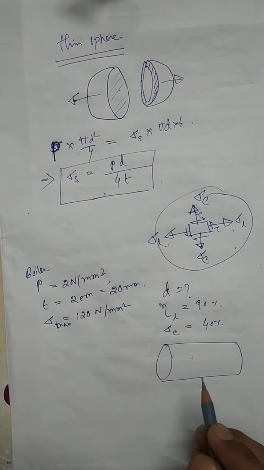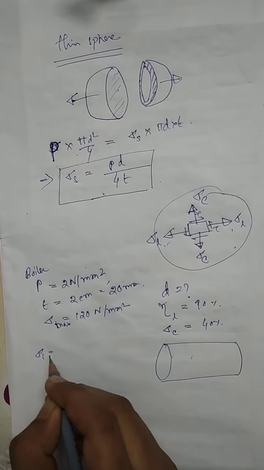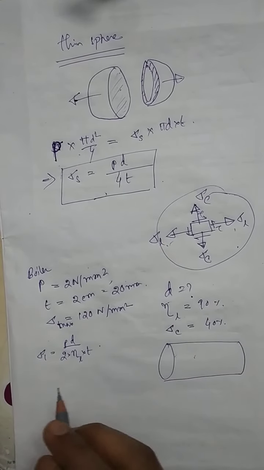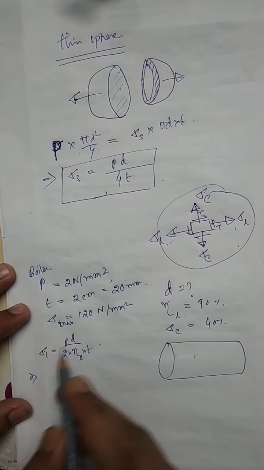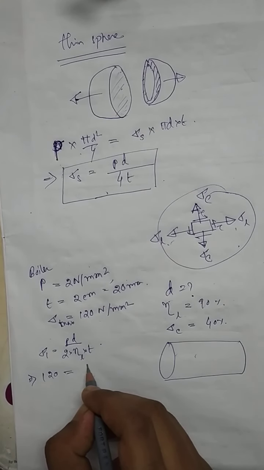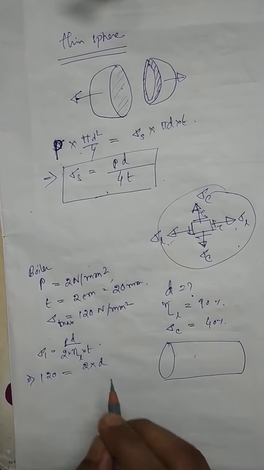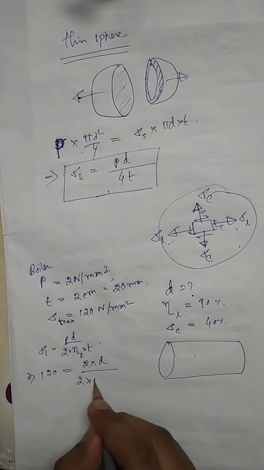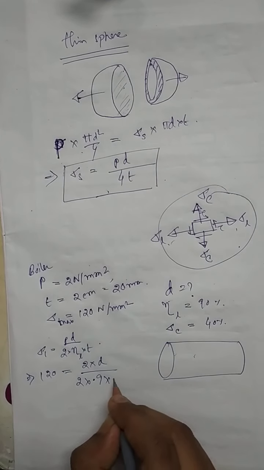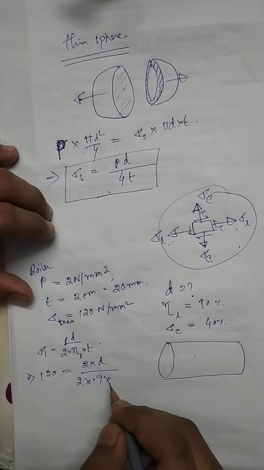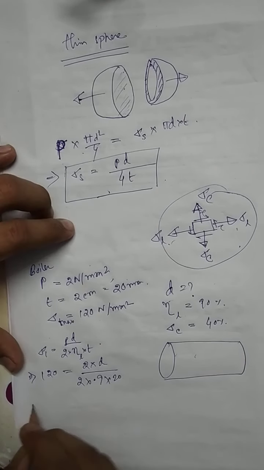Now from the equation we know sigma l is equal to P D by 2 into eta L into T. Here if we put the values, sigma max is 120 Newton per millimeter square and P is given 2, into D, which is not given, we keep it as D, by 2 into eta L, 90%, that means 0.9, into thickness 20.